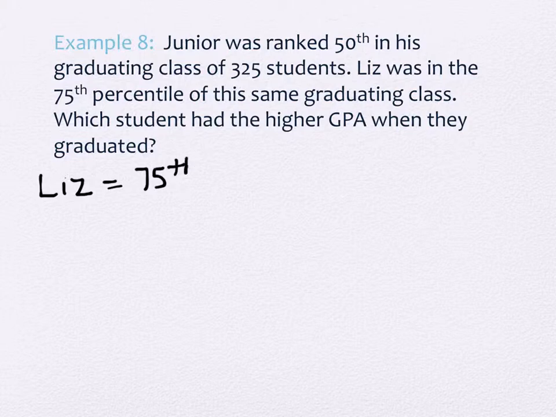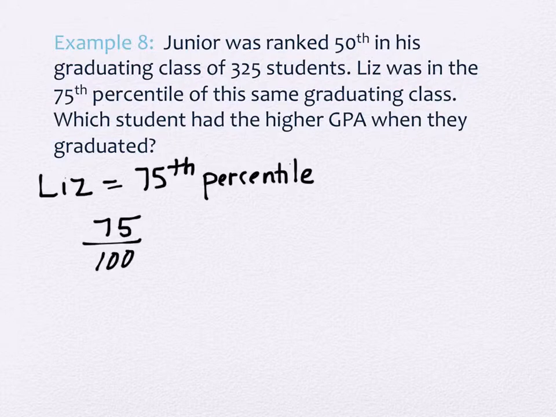Let me write this down. We're going to find out what that is in terms of her ranking. So we're going to take the 75th percentile and figure out, of the 100th percentile, how many students in this case have lower GPAs than she has. So this is x over 100 equals 75 over 325.